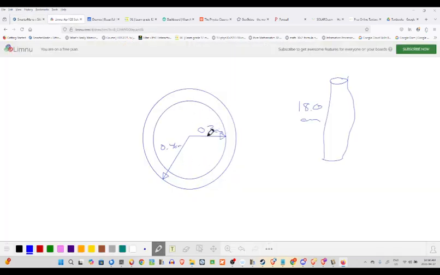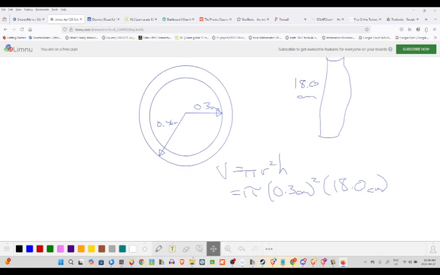Well, that's a cylinder of that inner radius, the 0.3 centimeters. So V is pi r squared h. It's pi times 0.3 centimeters squared times 18.0 centimeters.